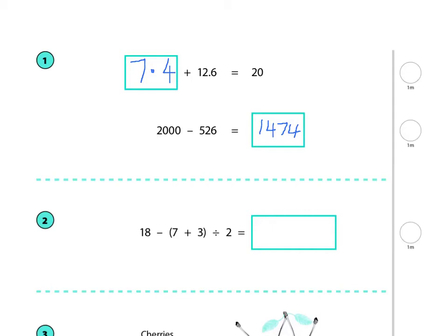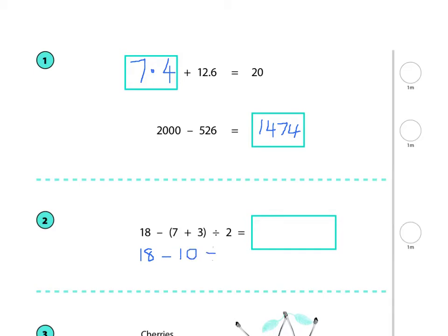Question 2. This is a BIDMAS question. In BIDMAS we have to follow the order of operations, which is brackets first, then indices, and finally division, multiplication, addition, and subtraction. In this problem we have a bracket, so I would work out the bracket first. I would leave the 18 alone and work out the contents of the bracket, 7 add 3, as being 10.